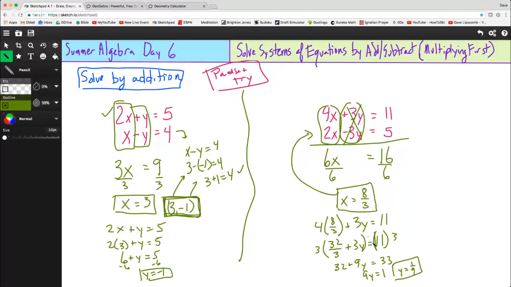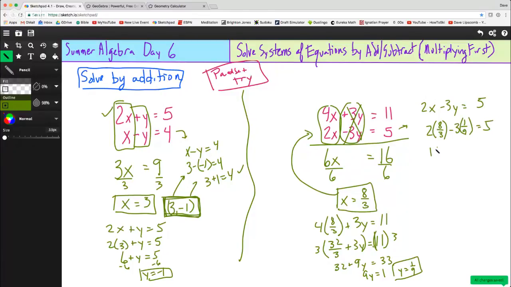So now I'm going to check using my second equation. 2 times x minus 3y equals 5. So 2 times 8/3 minus 3 times 1/9, oh my gosh, equals 5.